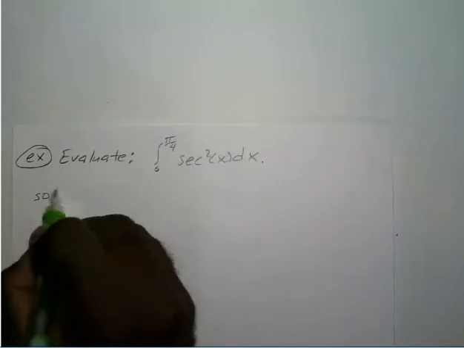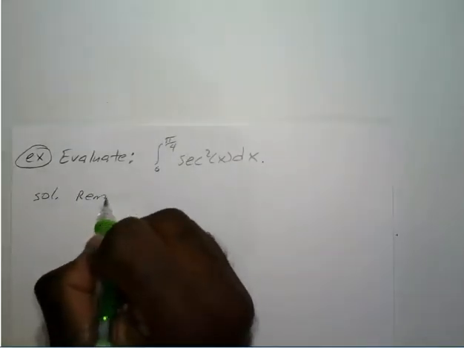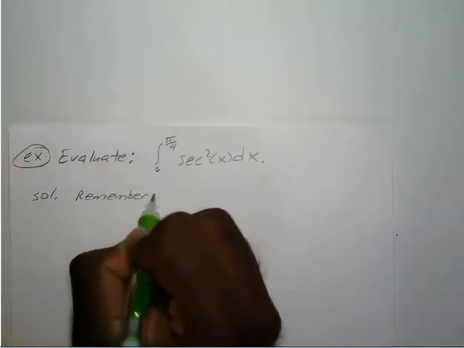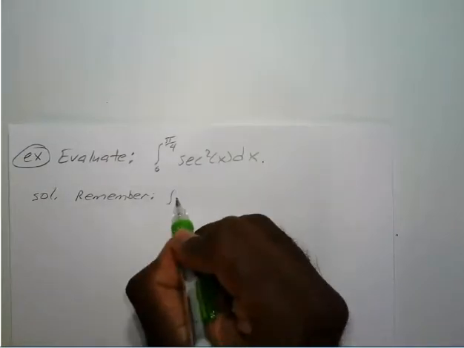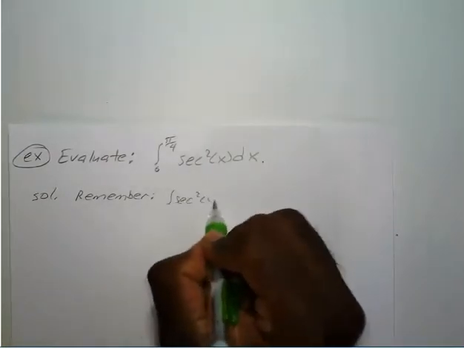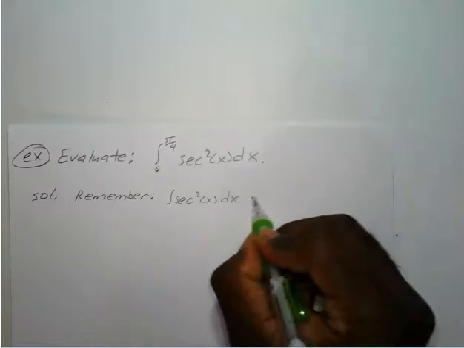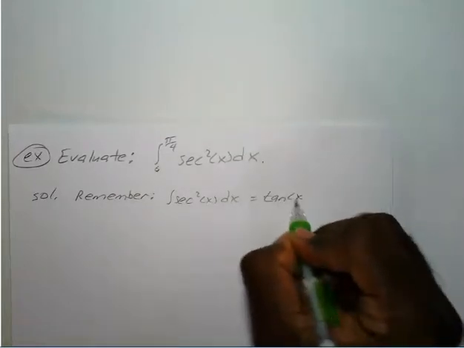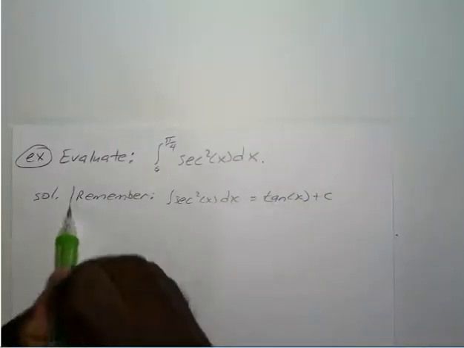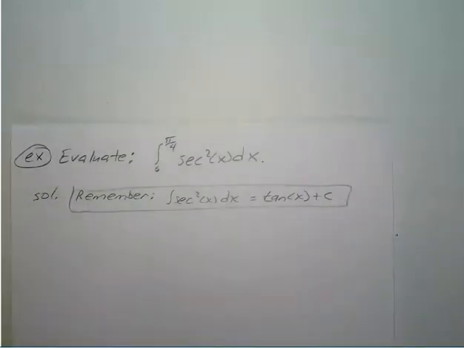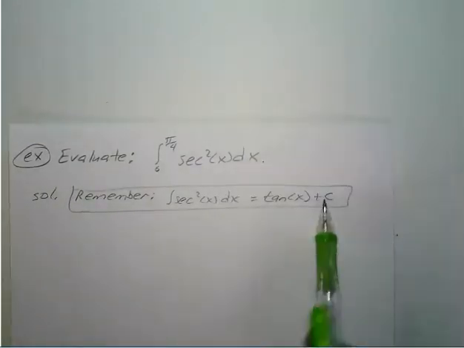All right, so for this one, you want to remember the integral of secant squared x with respect to x is tangent of x plus c. Okay, but since we're using the fundamental theorem, we don't need the plus c.